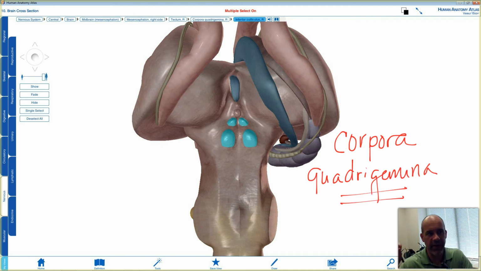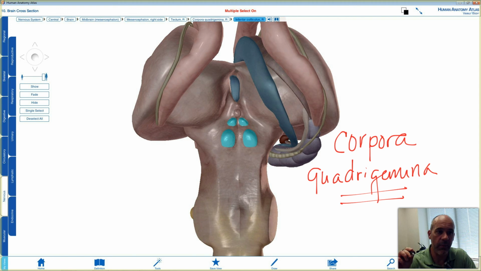The top two bumps are called the superior colliculi. The bottom two are called the inferior colliculi. You don't have to know that. But those are features on the posterior side of the mesencephalon, or your midbrain. There are cell bodies of neurons in there, and they're involved in your visual and auditory reflexes. Like if you think you see something fluttering in the corner of your eye over on the right and you turn your head to the right, that's a visual reflex.